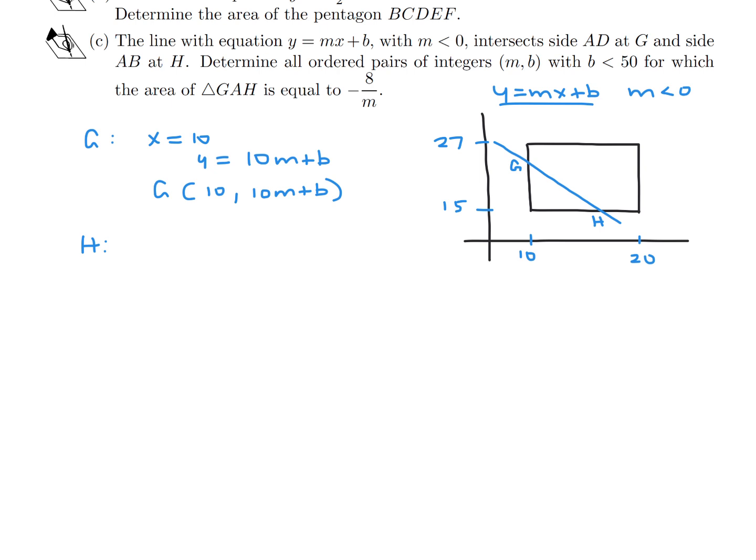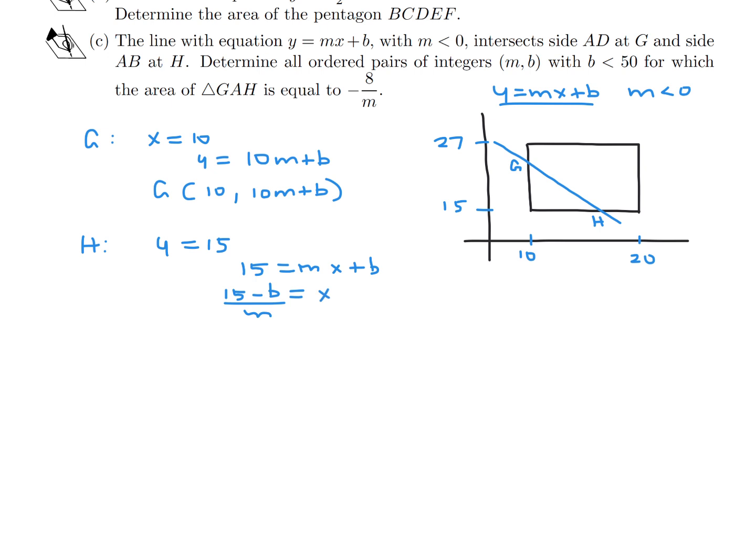Okay, H, same thing. That happens when y is equal to 15. So that means that 15 is equal to mx plus b. Then we have to solve for x, so that would be 15 minus b over m is x.